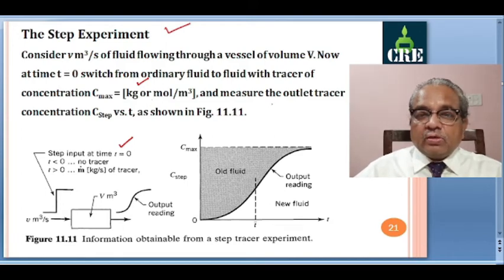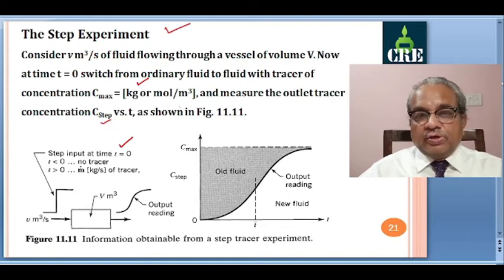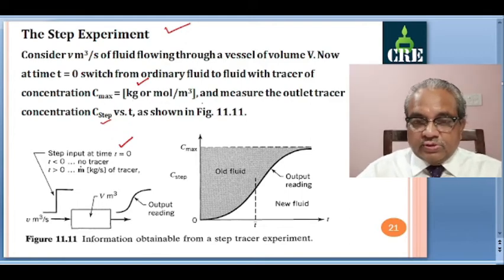At the outlet, you have to measure the outlet tracer concentration, C step versus t. Here m dot is introduced in kgs per second, and C max is in kg per meter cube or mole per meter cube, which we will see now.